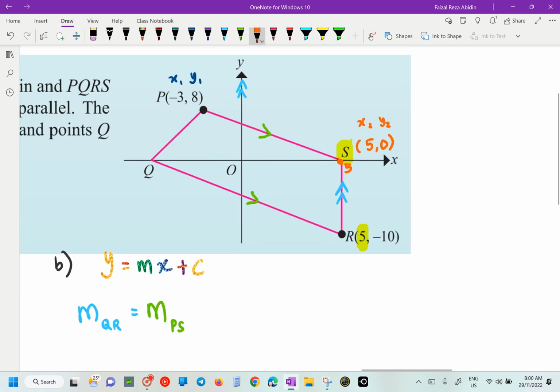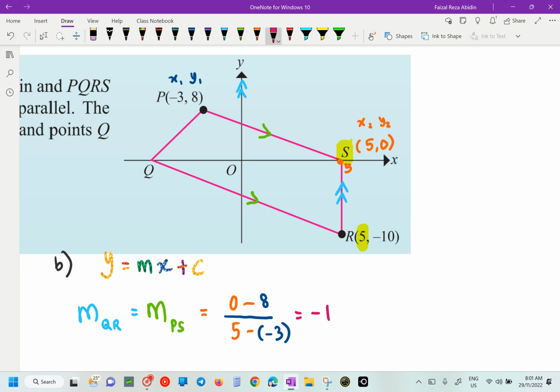Using the formula, y2 is 0 minus y1 which is 8, over x2 which is 5 minus x1 which is negative 3. So you get negative 8 over 8, which means negative 1 will be your gradient here. Okay, so you got your gradient already.